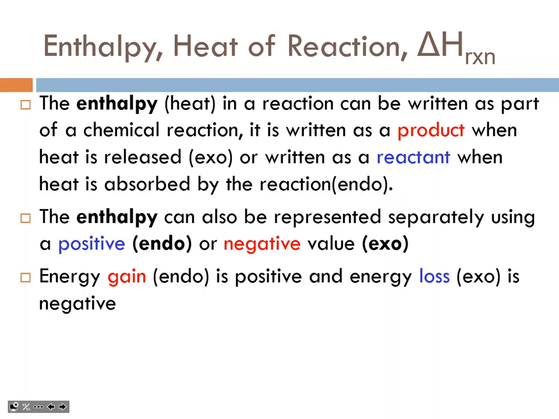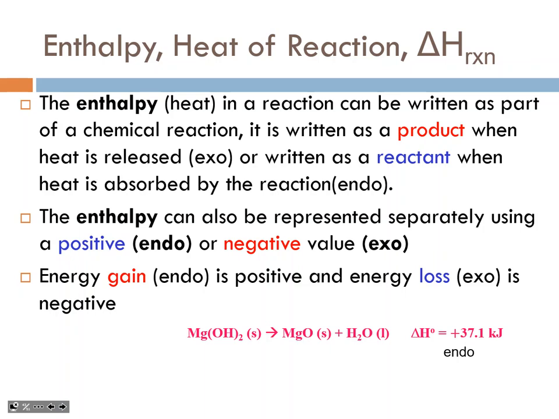Enthalpy can also be represented separately using a positive value for endo or a negative value for exo, and it will be written right next to the equation. Remember, an energy gain, which is absorbed by the system or the chemicals in the reaction, is endothermic, and it's positive. Energy loss, if it is being released from the system, from the chemicals, is going to be a negative delta H. So this is how it would be written in delta H form.